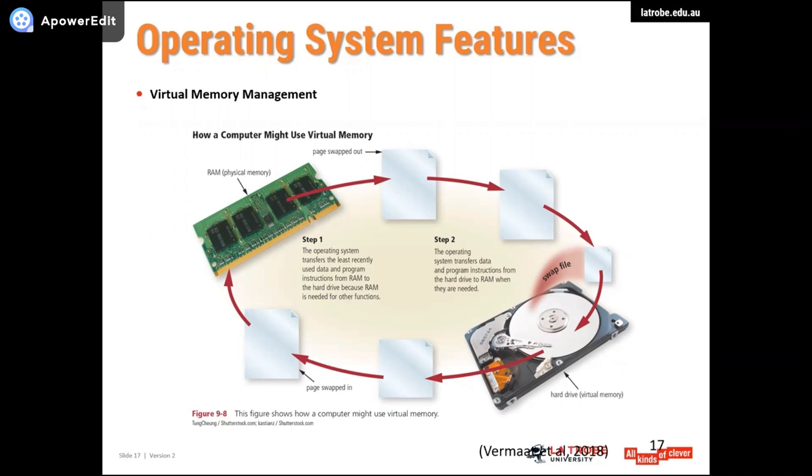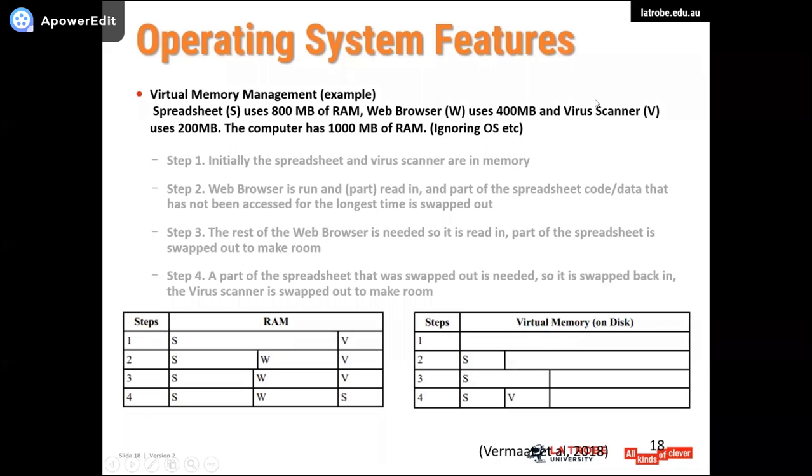So here I will give a more detailed example of how virtual memory management works. Let's assume I have this computer. We have 3 types of software. The first is a spreadsheet, the second is a web browser, the third is a virus scanner. We use S to represent the spreadsheet, W for the web browser, V for the virus scanner.